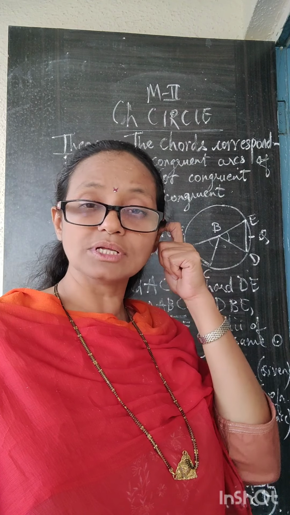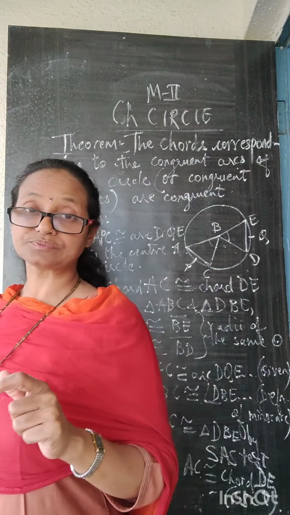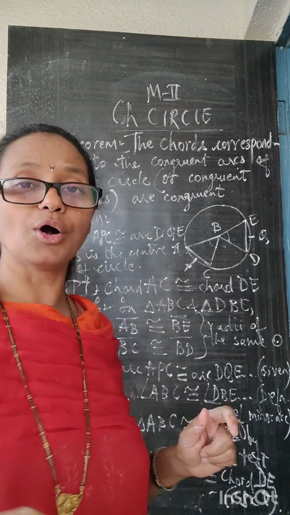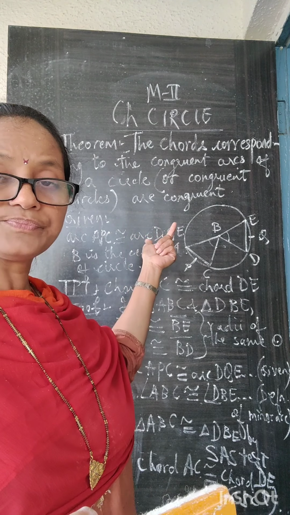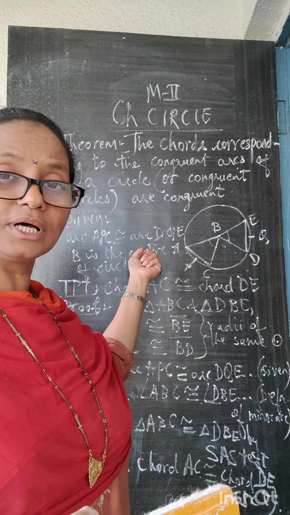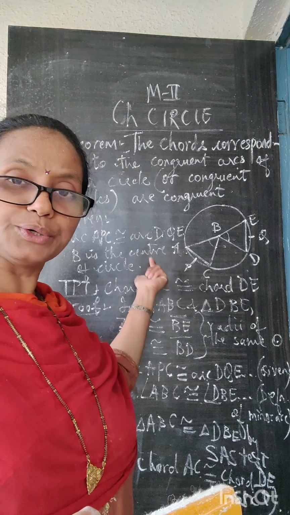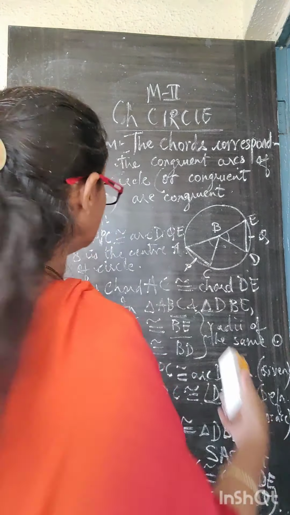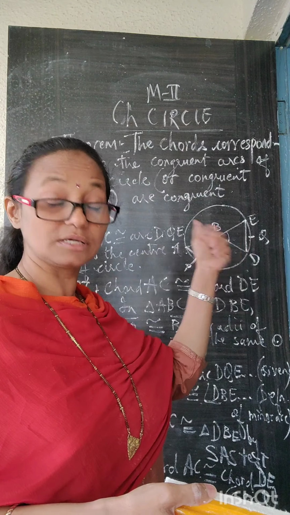Okay, so let's write down the statement for the converse. What is going to be the statement for the converse? The congruent arcs corresponding to the congruent chords of the same circle are congruent, right? So can we write it like that? Instead of chords, I will write first congruent arcs.